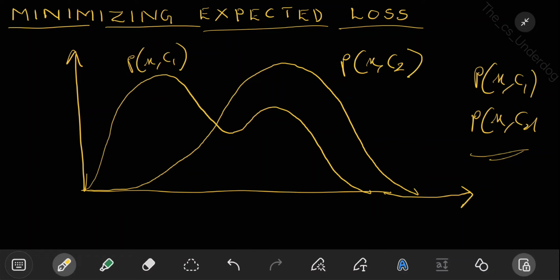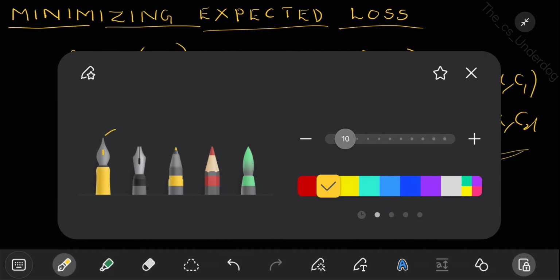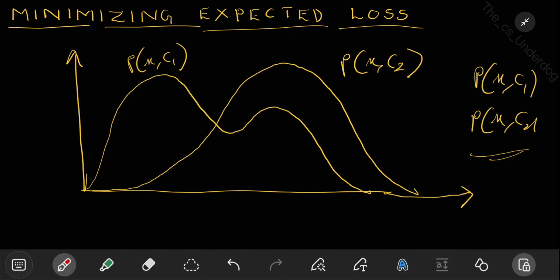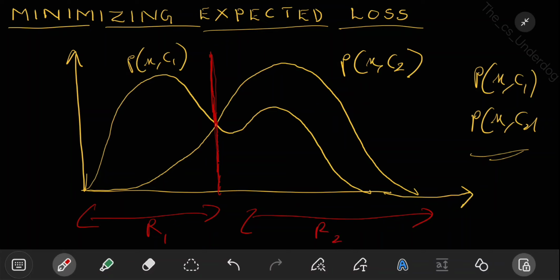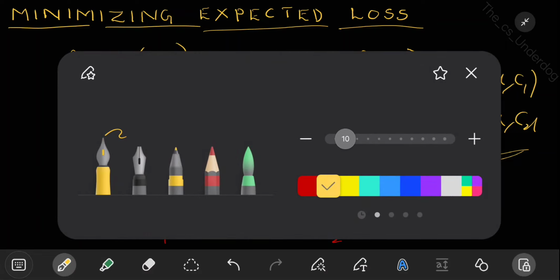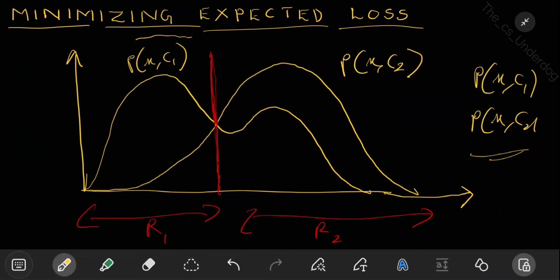Then what did we find in the last lecture? We found that the decision boundary should ideally be somewhere here, because this will minimize misclassification. According to this, this should be region R1, and all the points here should be in region R2. This time we are using the minimizing expected loss criteria, where you have to make sure that if it is in the C1 class, that is the enemy class, it is surely assigned as an enemy.